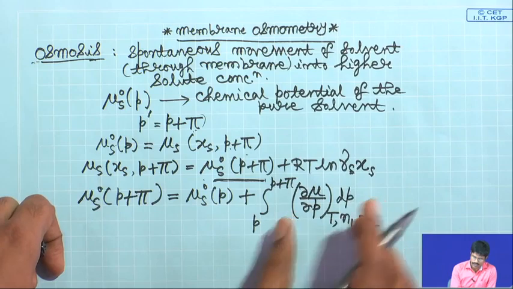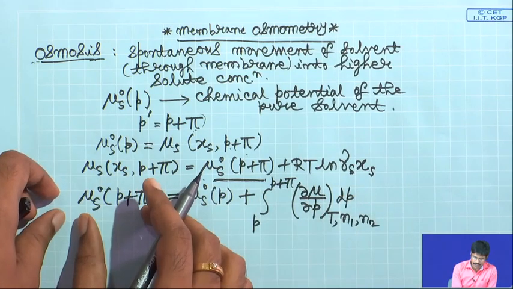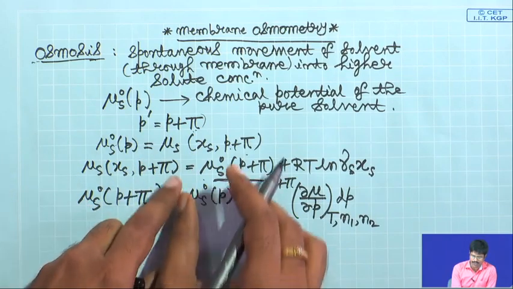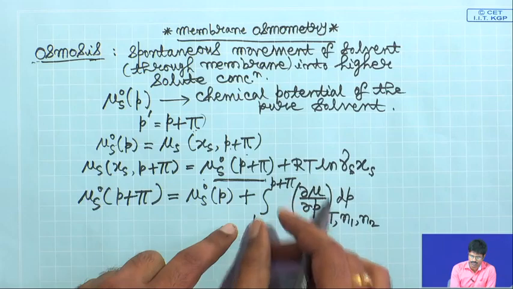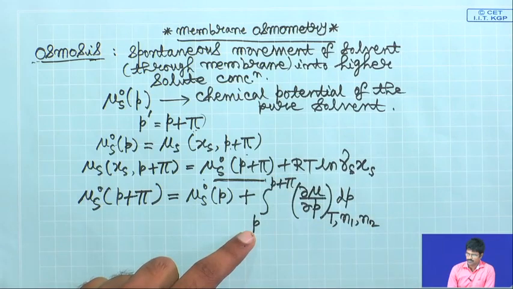So you have to do some work, then only they become equal. The chemical potential of the pure solvent at higher pressure is equal to the chemical potential of the pure solvent at lower pressure, plus the work you have to do in order to go from P to P plus pi.